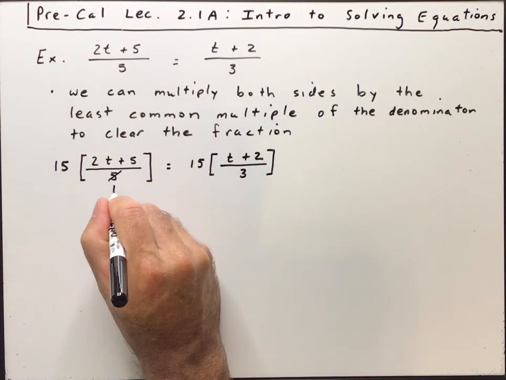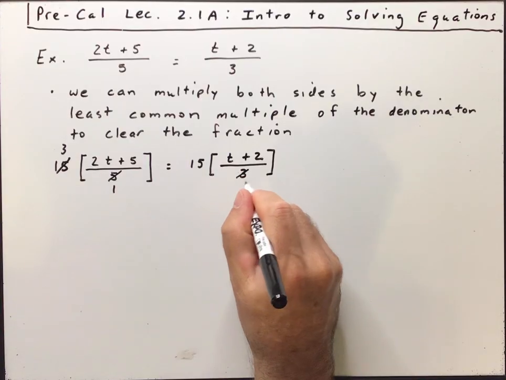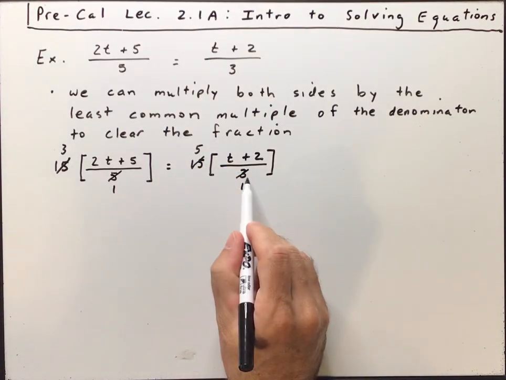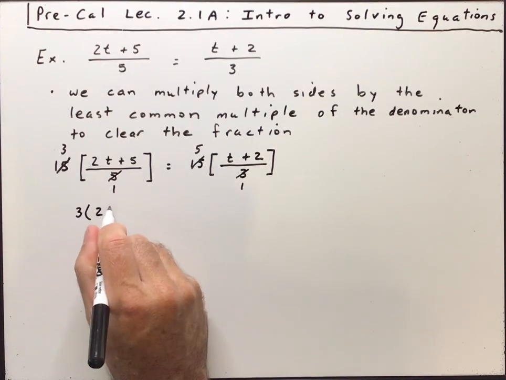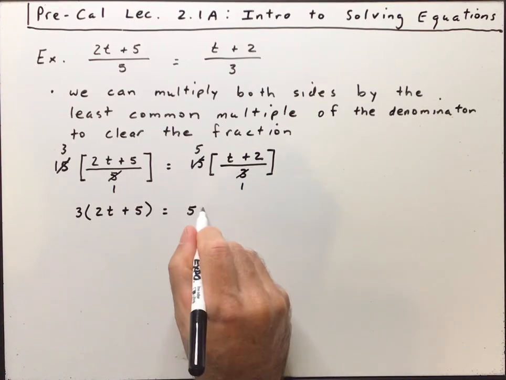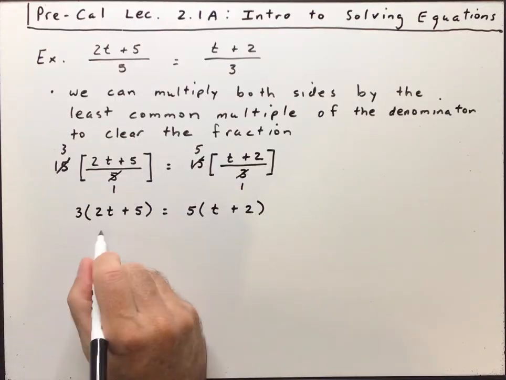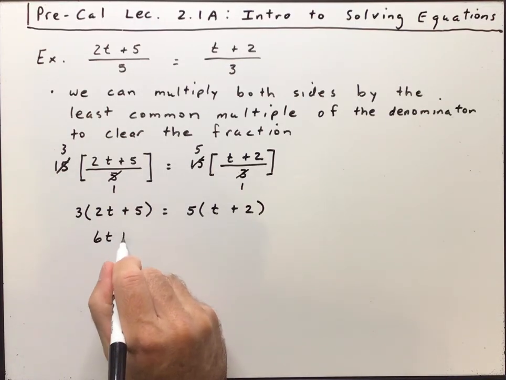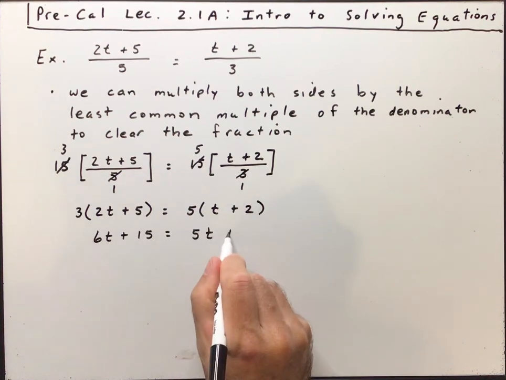We could make that a 1 and make this a 3. And we can make this a 1 and this a 5 because 15 over 3 is 5. So we can rewrite this as 3 times 2t plus 5 is equal to 5 times t plus 2. So that's going to be, distribute the 3, 6t plus 15 is equal to 5t plus 10.